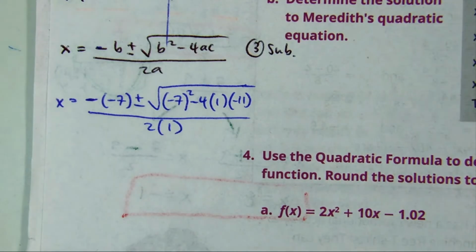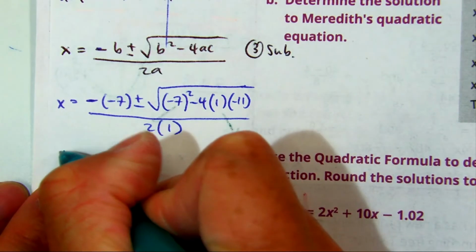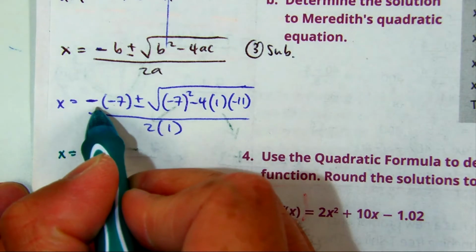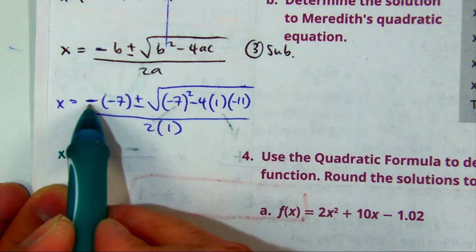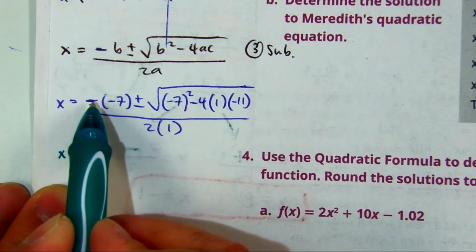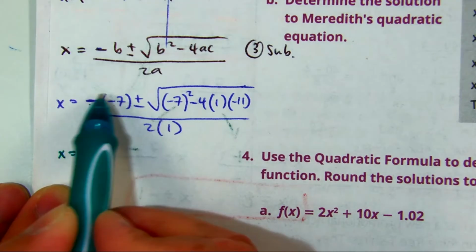Alejandro, let's simplify this. Remember, this one is the opposite of negative 7. And what do you get here? Positive 7.